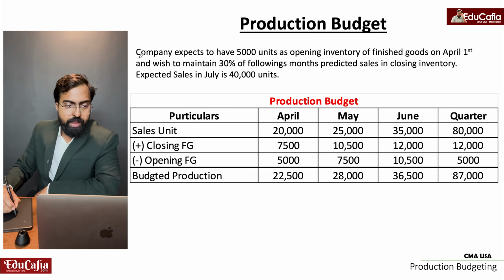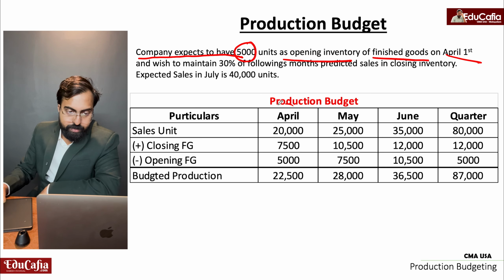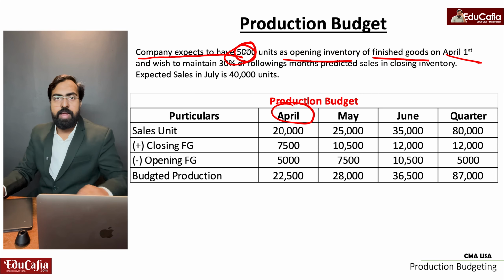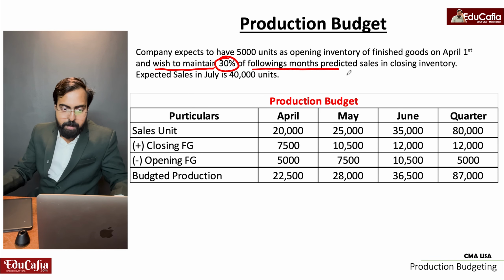It is given that the company expects to have 5,000 units as opening inventory of finished goods on April 1st. So on April 1st there are 5,000 units in the store as FG, and it wishes to maintain 30% of the following month's predicted sales in the closing inventory.